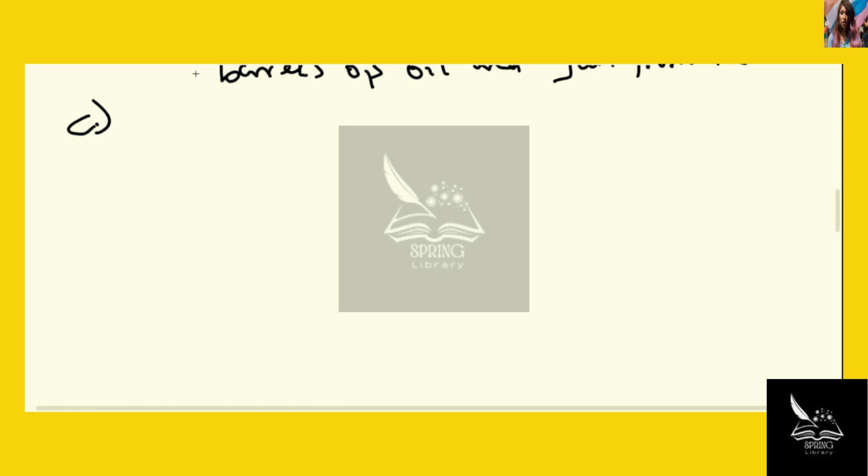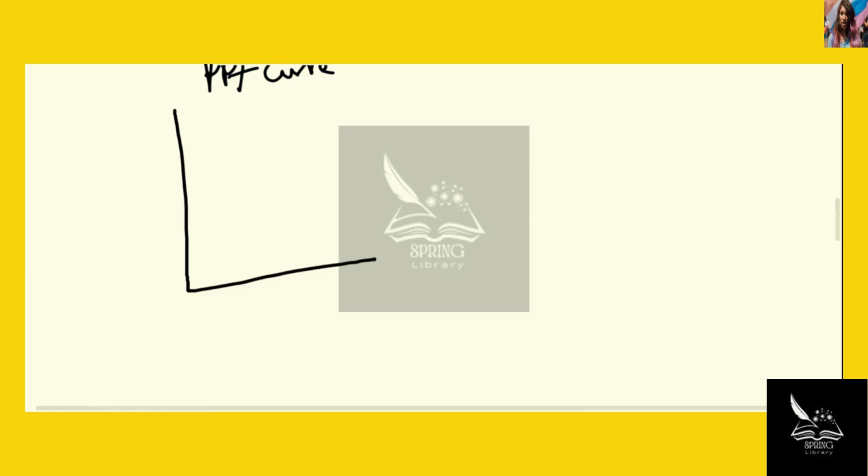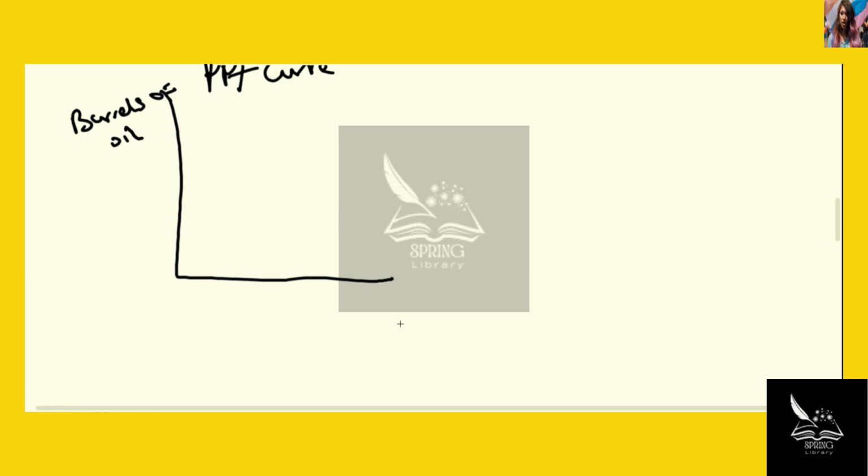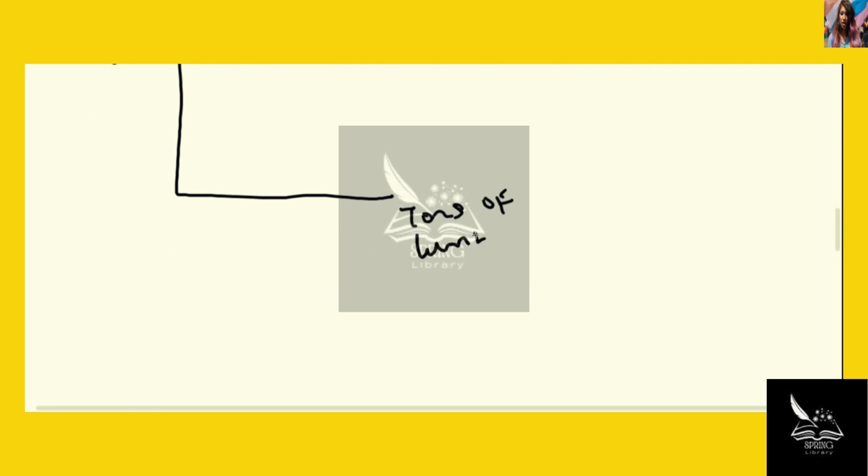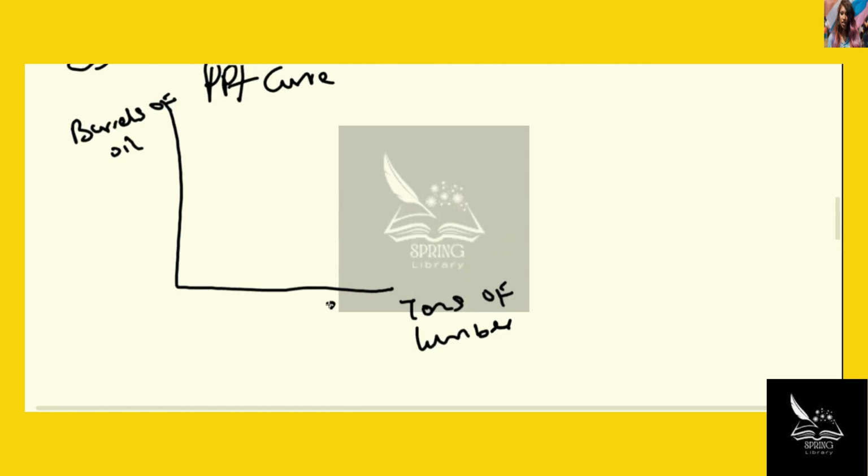So now for country V, the production possibility frontier curve would be, so the barrels of oil will be right here, and the tons of lumber will be right here. So this point is 3,000, this point is 6,000, 5,000, and 1,000.